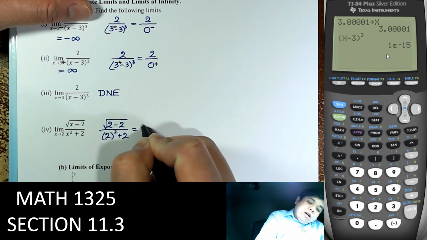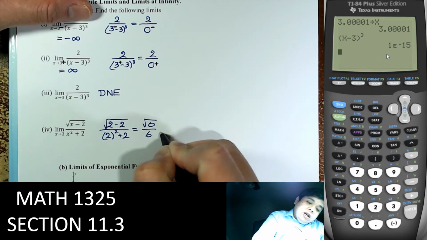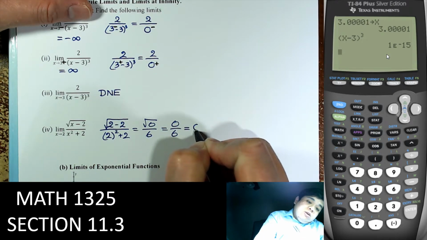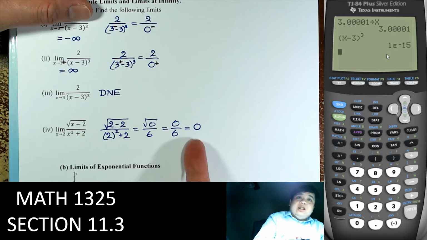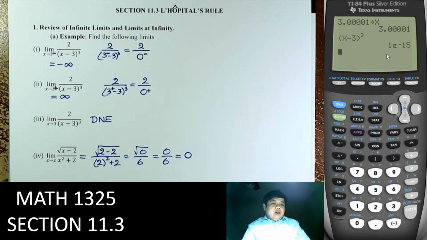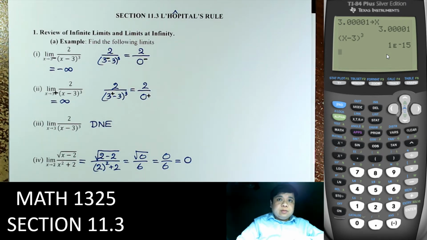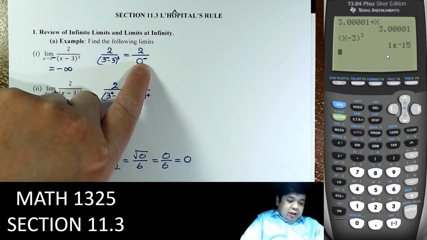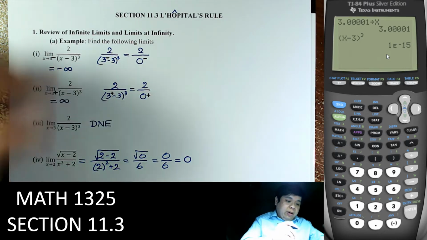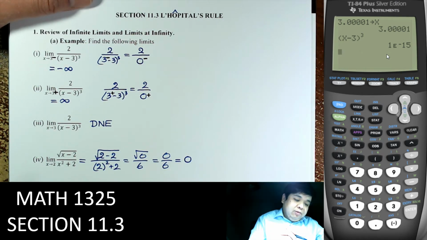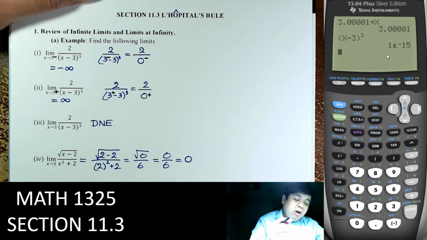Then we have the square root of 0 divided by 6, which is 0 divided by 6. 0 divided by anything other than 0 is 0, so that is a defined number. 0 divided by anything is 0, but 0 divided by 0 is indeterminate form.